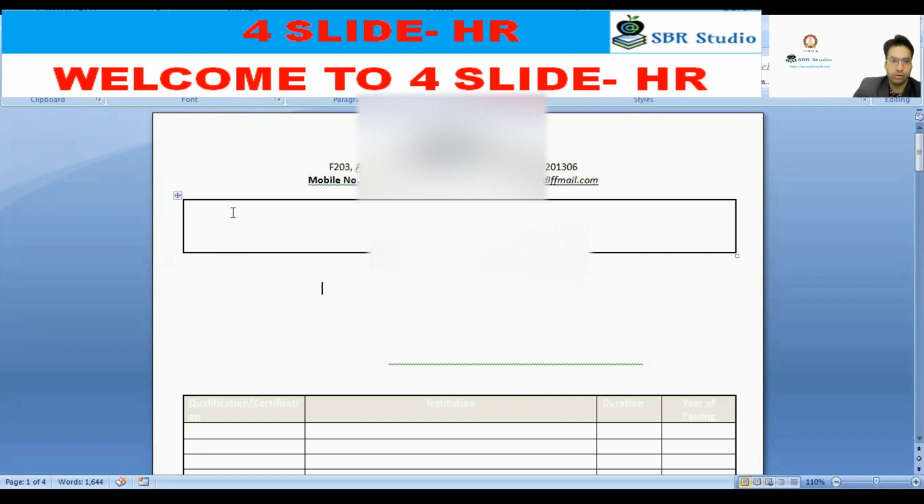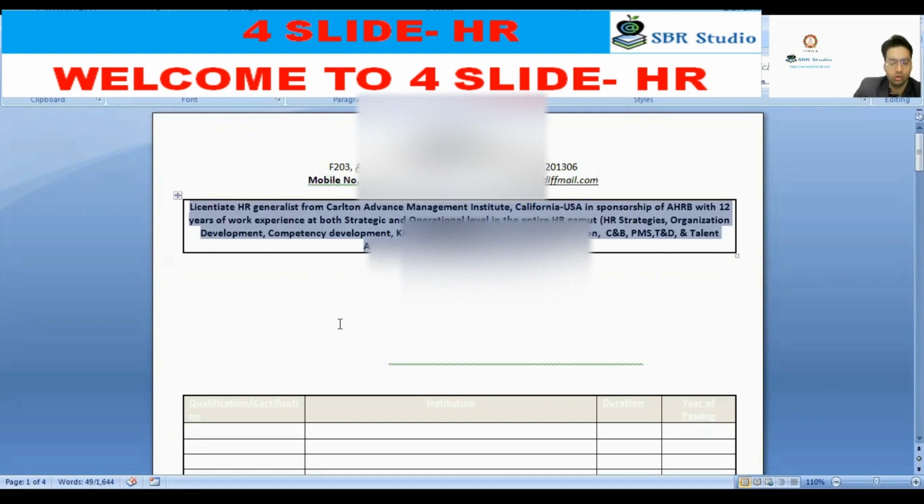The second pillar is the headliner. You have to mention one strong headliner in your resume. Look at that. This is the potential thing which you are presenting to the interviewer and the job provider.